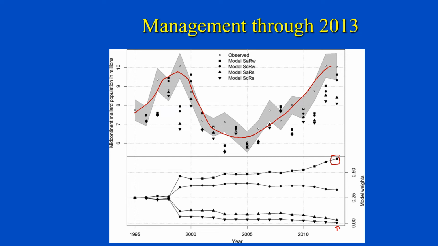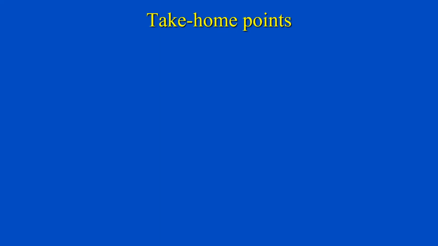I have to say, at the beginning of this, I think most wildlife biologists would say the compensatory models with either weak or strong density dependence would have been favored. So this is really kind of changing our views of hunting and how it impacts populations. So we actually have learned a lot through this process.